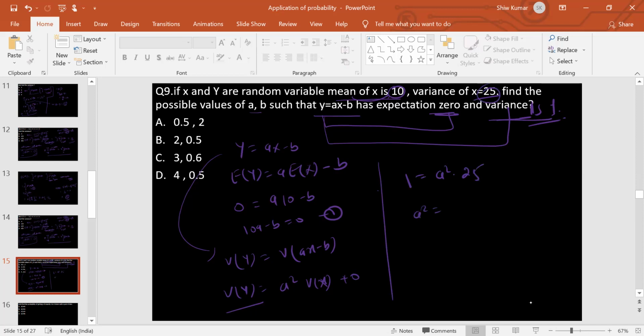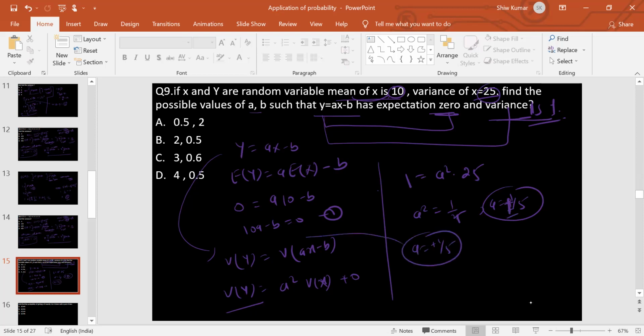So a square must be equal to 1 by 25, so a must be equal to 1 by 5. That means it could be plus or minus 1 by 5, but the variance is always positive, so you take only the plus value here, 1 by 5.